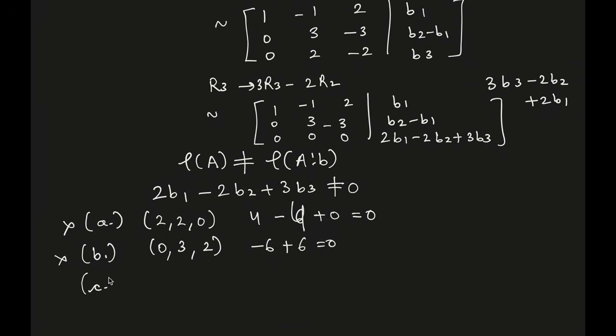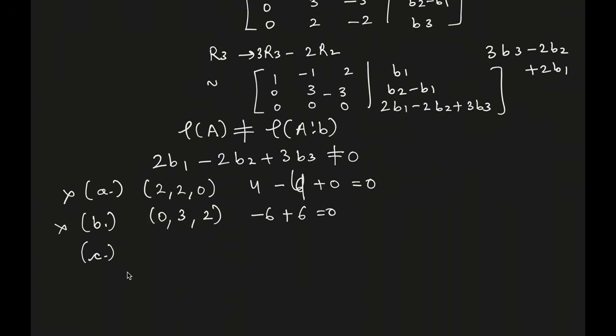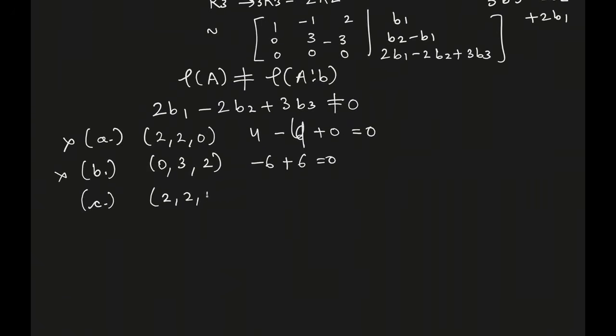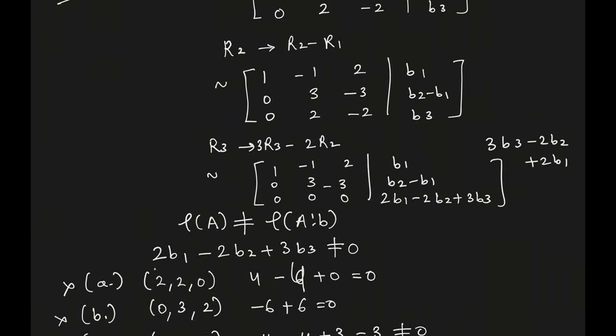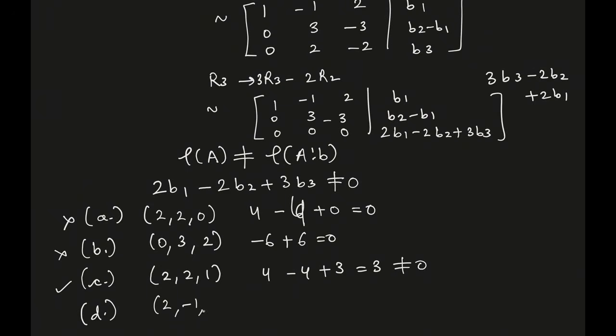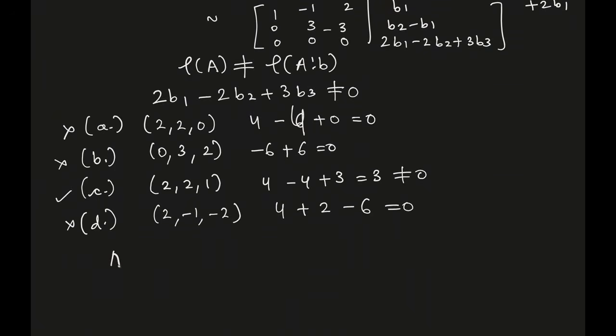C part, 2 2 1: 4 minus 4 plus 3. This is non-zero. So option C is correct. And in option D also, 2 minus 1 minus 2: 4 plus 2 minus 6. This is 0. So the answer is option C.